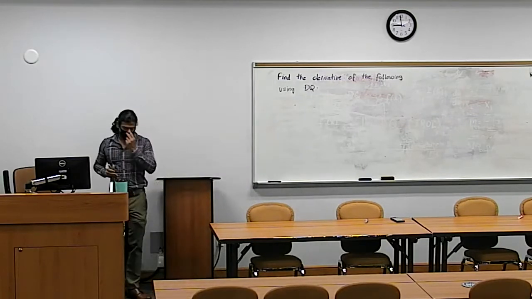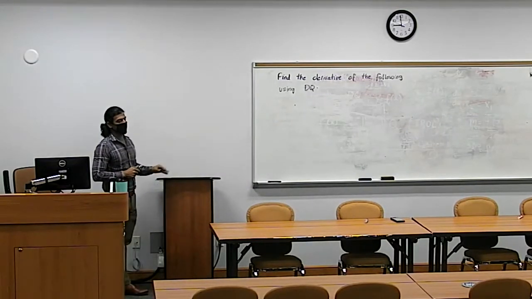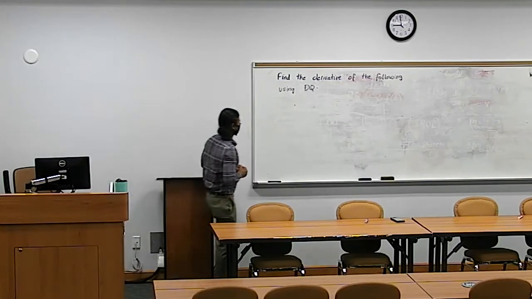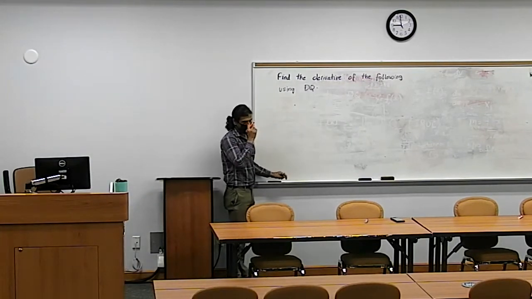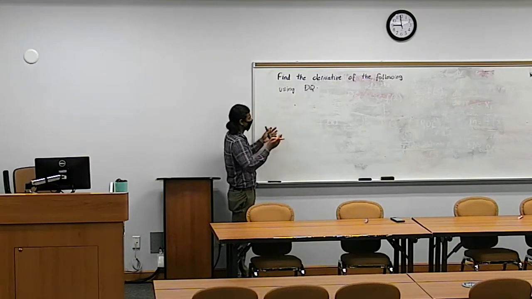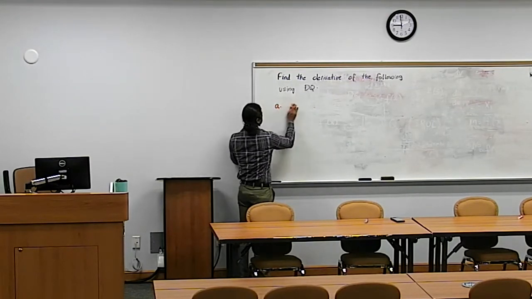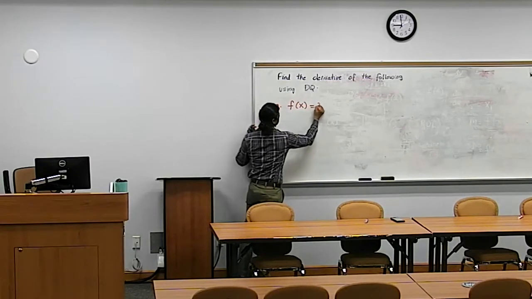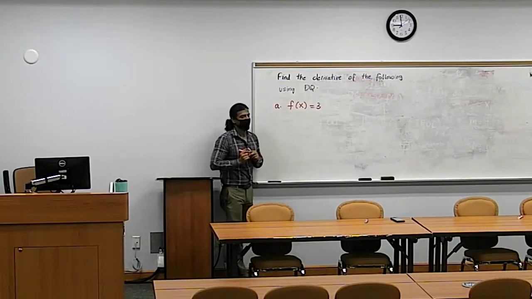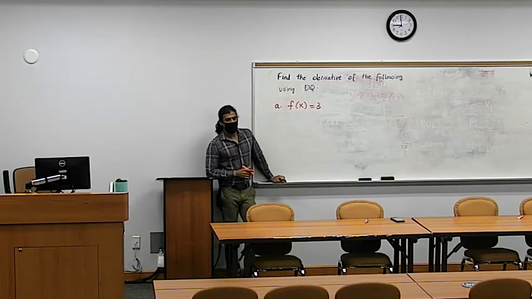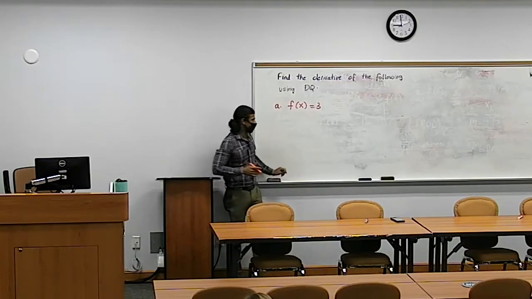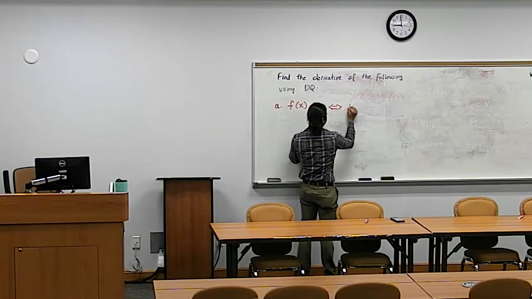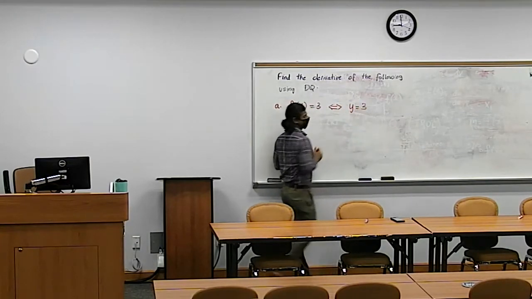We want to find the derivative of the following functions using the difference quotient, which means the first step would be to find the difference quotient. So, f of x is equal to 3. This is the same as saying y equals 3. Agreed?